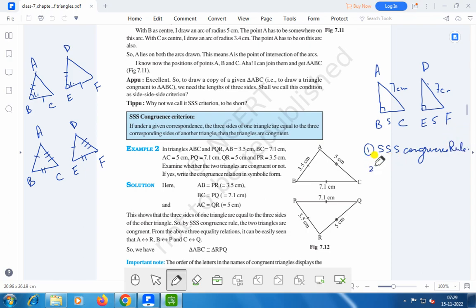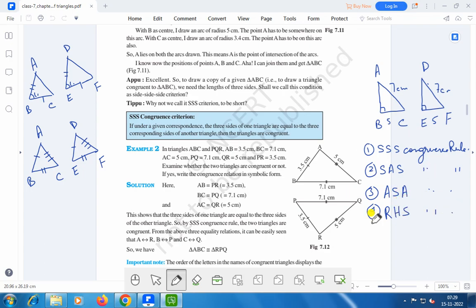And number two is the side angle side congruence rule, and number three is the angle side angle congruence rule. You have to remember that these angles will be included and this side is included between the angles, right? And the fourth one is the right angle hypotenuse side congruence rule.